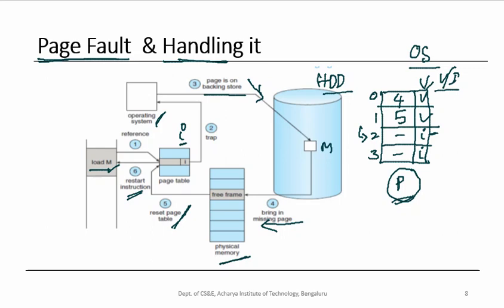We bring in only a few pages and then start the execution. Only when a reference is made to a page that is not present do we bring it into the main memory. This gives us a lot of space, so we can keep pages of multiple processes in the main memory at once and run all of them concurrently.